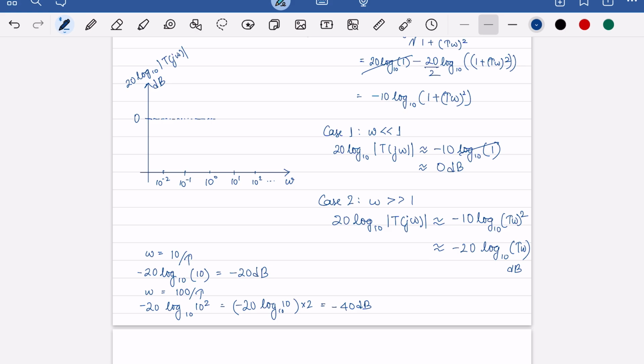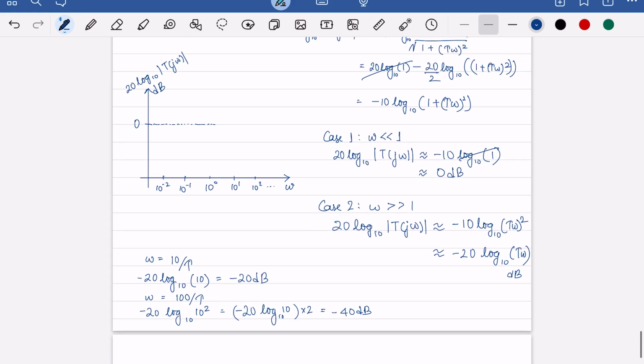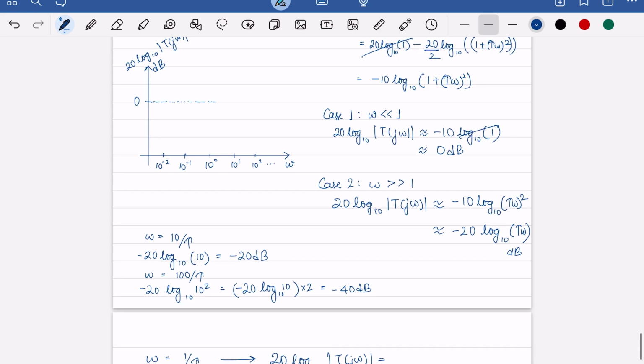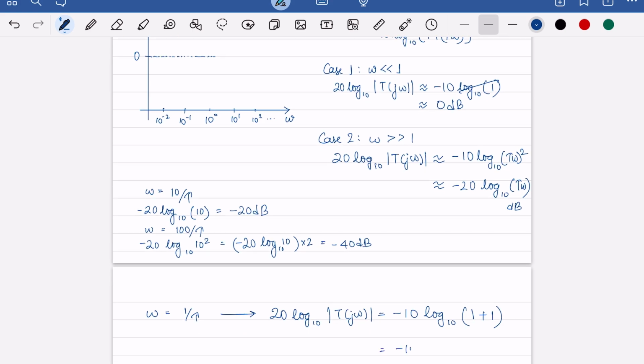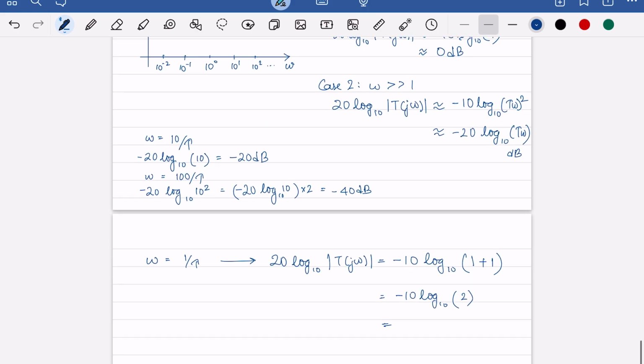The magnitude of T(j omega), we had found, is minus 10 log to the base 10 of 1 plus omega tau squared, which is now 1 squared, so it's still 1. 1 plus 1 is 2, so it's minus 10 log to the base 10 of 2, which I've calculated beforehand to provide us minus 3, and this is all in dB.